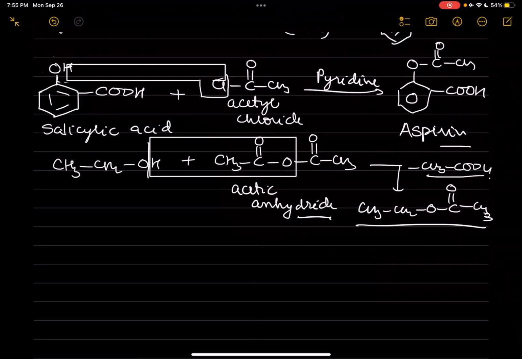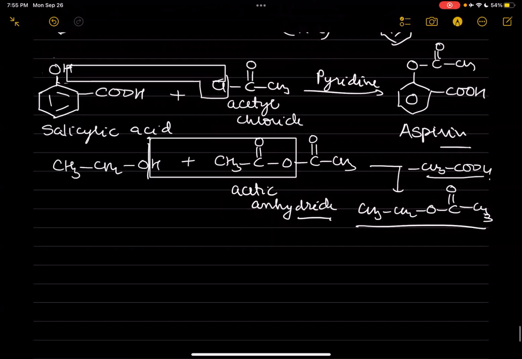Okay, acetyl chloride and acetic anhydride and direct carboxylic acid are used for esterification of OH. Okay. In this, you will remove acetic acid. Is it clear?